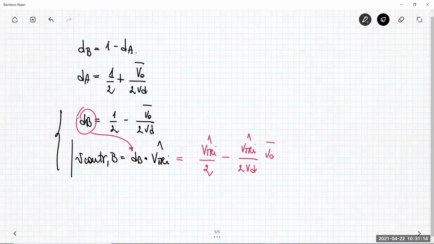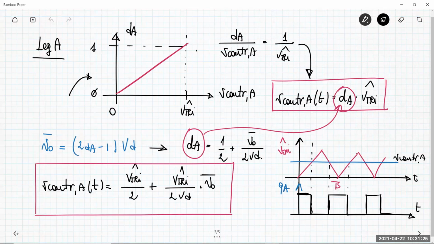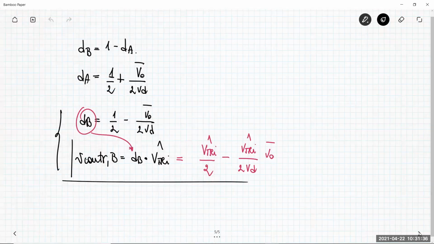Now compare this expression of the V control B with the V control A expression, that is this one. As you can see, the V control B can be found simply by subtracting the V control A from the peak value of the triangular voltage.